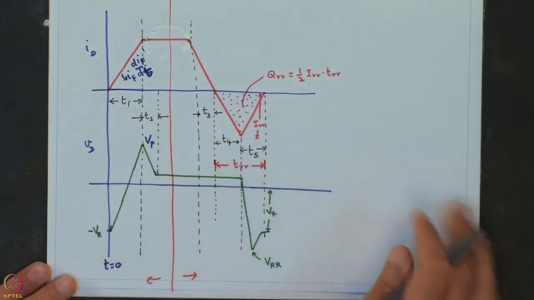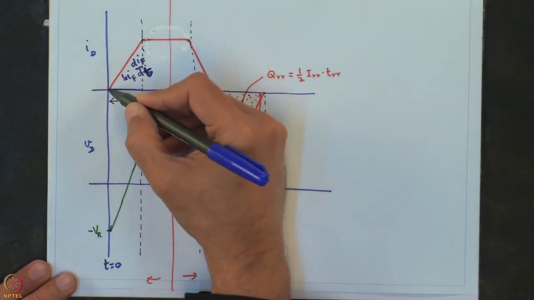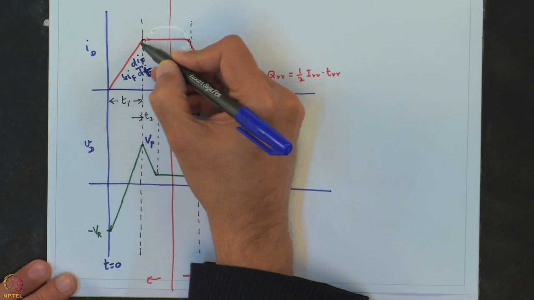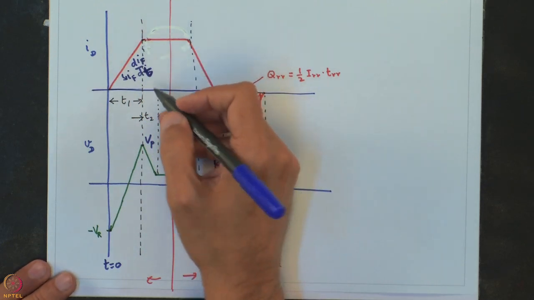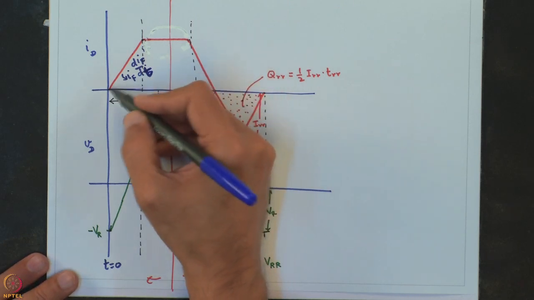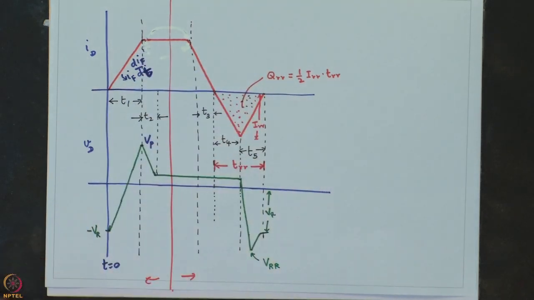So, the current starts rising from 0, and this is what this line shows here. It goes up with a slope which is defined as dIf by dt and would be actually determined by the external circuit elements which are there, like the inductance.